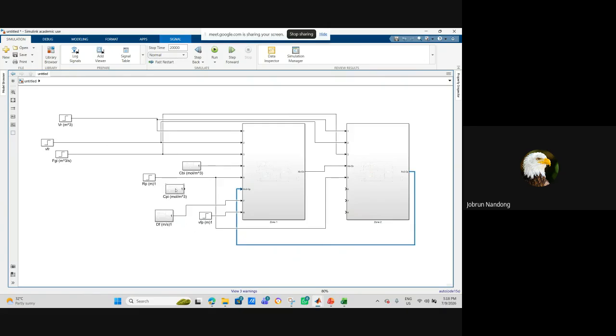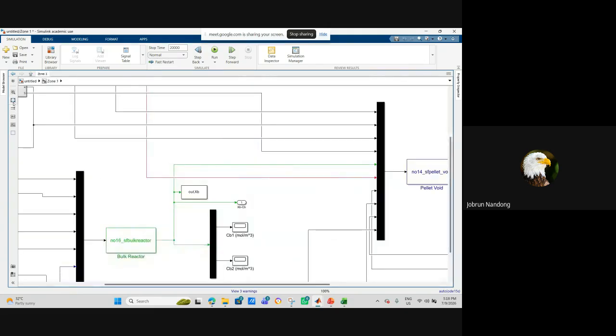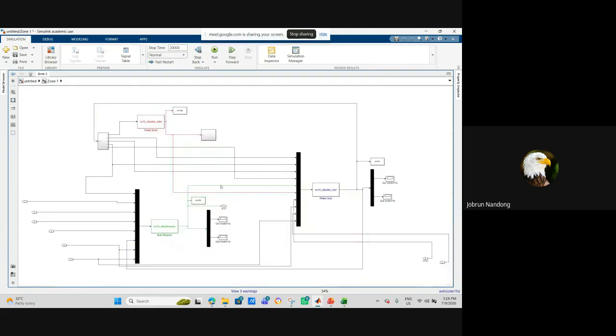Okay, so at least I show you the illustration of how you connect them together. But then what you need to do is create a script for all of the functions that we need. After that, we create the Simulink model for each one of them to test and make sure it works. And then after that, we combine.